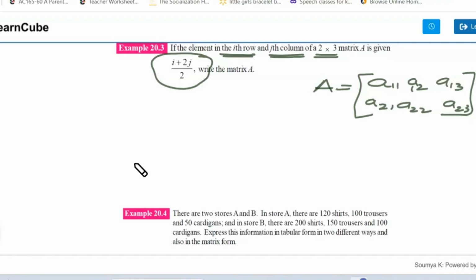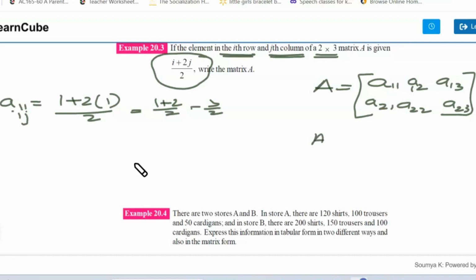Let's do the first one, A11. How do you do that? Here i is 1 and j is also 1. Substitute here: 1 plus 2 into 1, by 2. So what do you get? 1 plus 2 by 2, that is 3 by 2. So the first element of your matrix will be 3 by 2. Then go for A12.